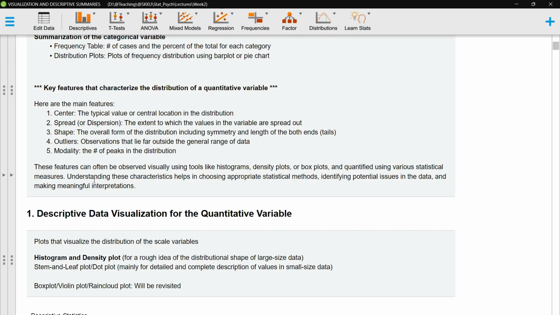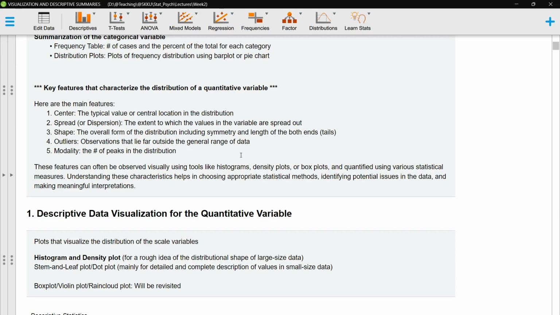Also, we can look at the modality of the distribution, how many peaks there are in the distribution, like just one peak or two peaks or more than two peaks. So based on these features, we will look at the visualization of the distribution that characterizes these features, and we will also look at the statistics, the numerical summarization of each feature, for central location or for the amount of spread.